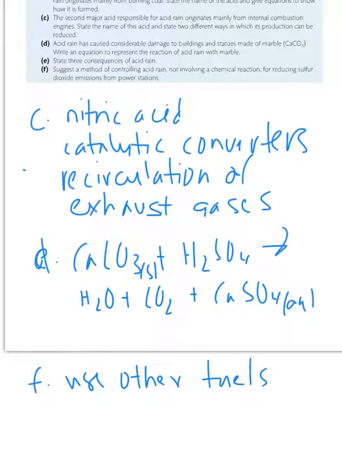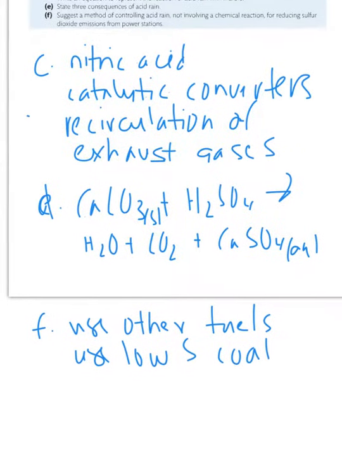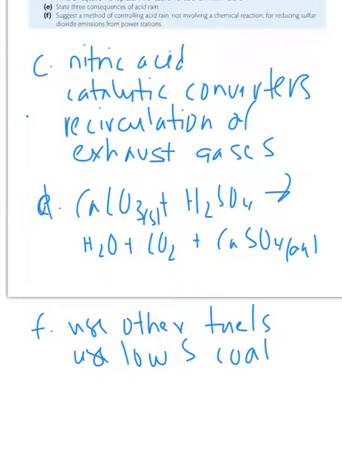Another option is to use low sulfur content coal. And a third one is you can actually wash the coal beforehand. You can crush and wash it before burning it, and that will help. So there are some options to lower these emissions and cut down on the amount of acid rain out there.